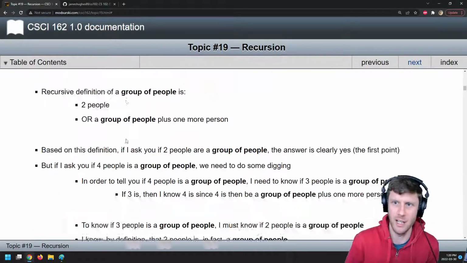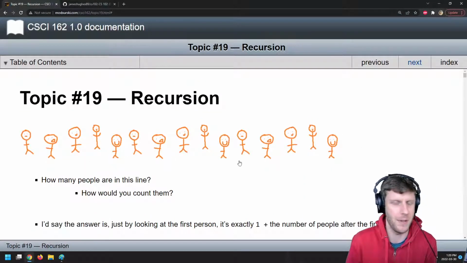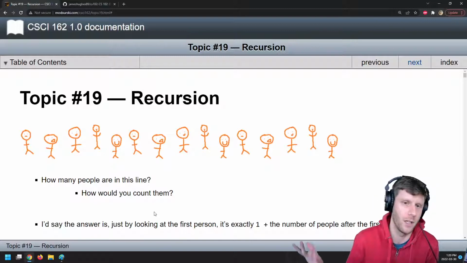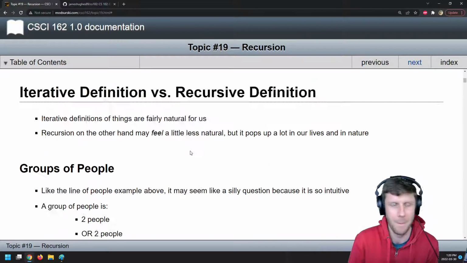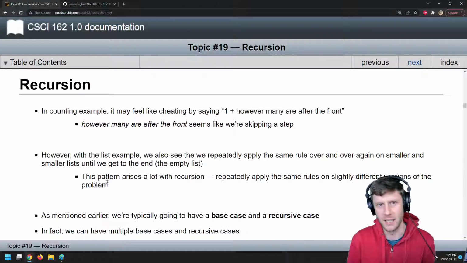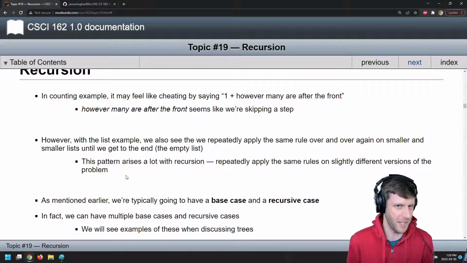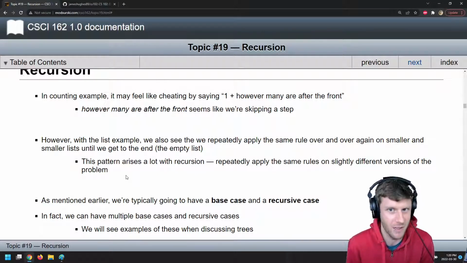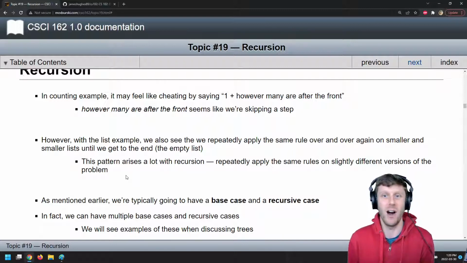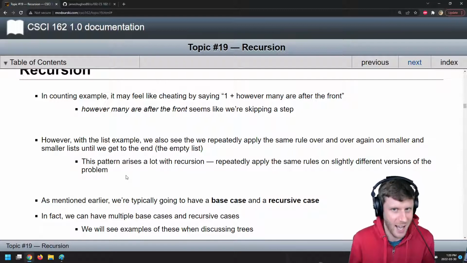So if I tell you, right at the very top, how many people are in this line? Well, there's 1 plus however many are after the front. This feels like a little bit cheating, right? Because it feels like I'm skipping a big part. You can't just say 1 plus however many are after the front, because how many are after the front is another question that needs to be answered.